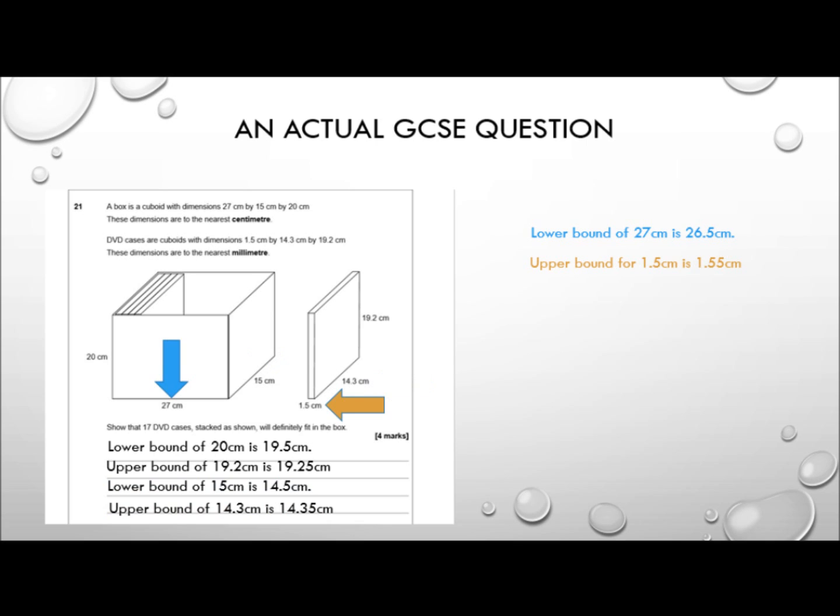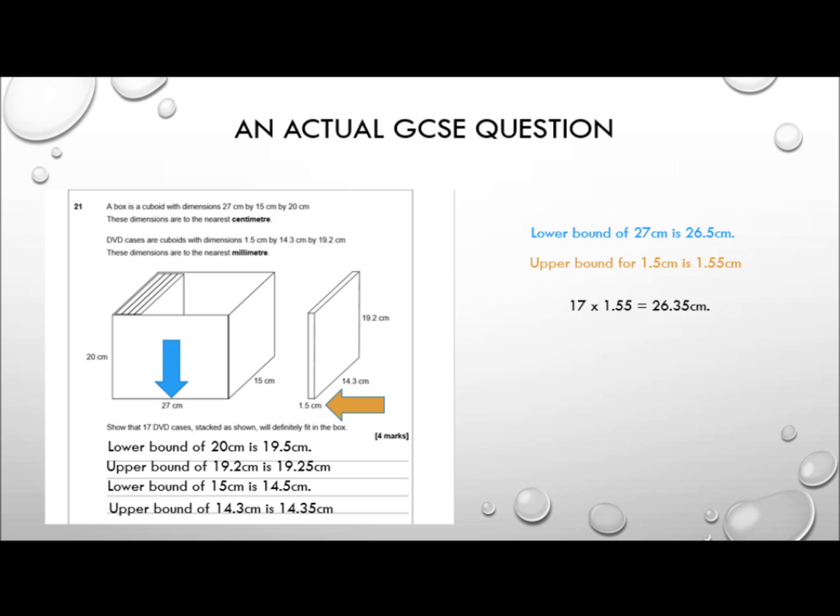And the lower bound of 27 centimetres is 26.5 centimetres, and the upper bound for 1.5 centimetres is 1.55 centimetres.